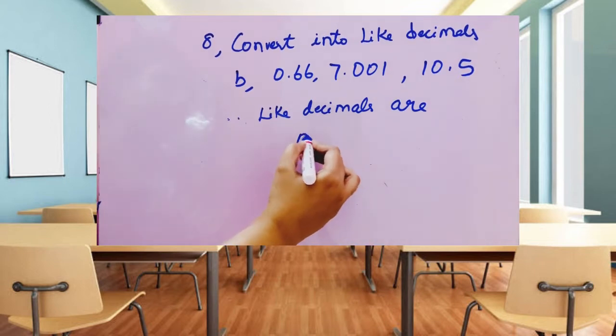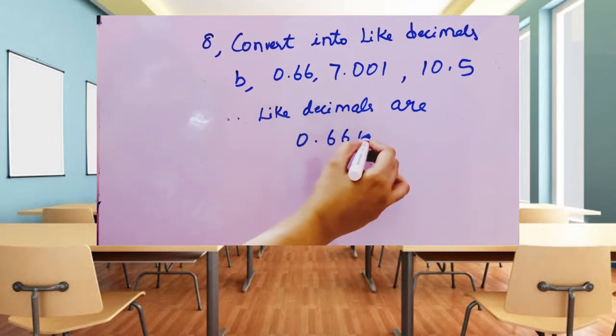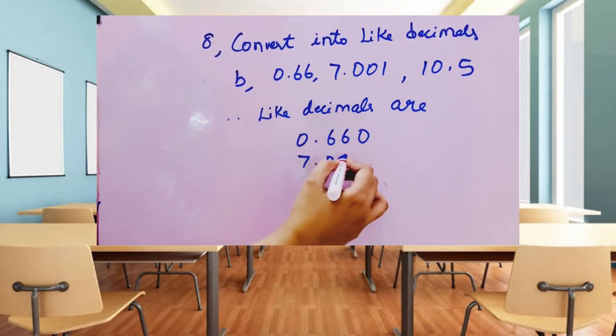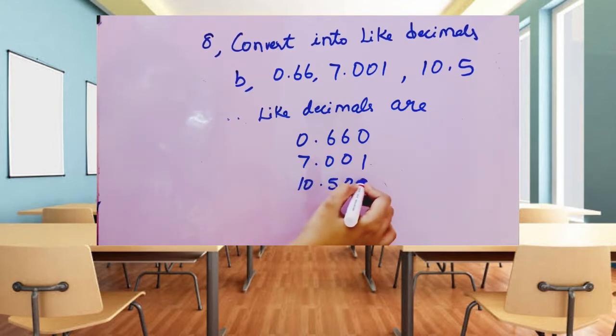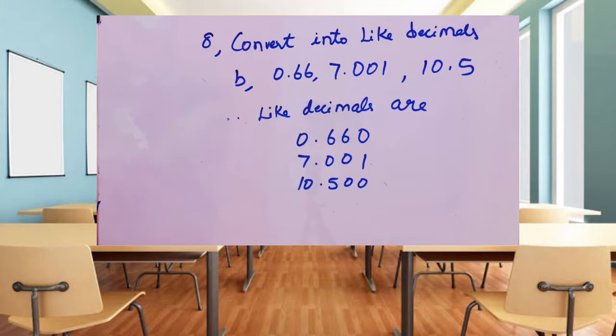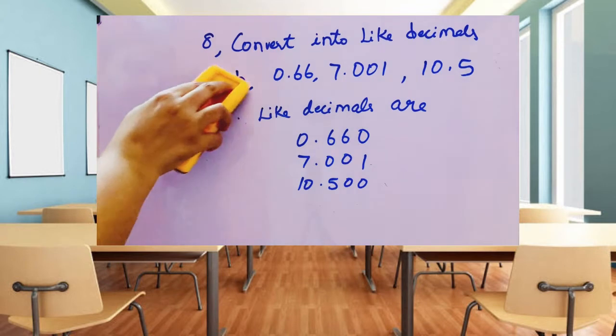First one is 0.660, 7.001, 10.500. Now all the three numbers are like decimals, having the same number of digits after the decimal point. Now we are going to see the third sum, C.